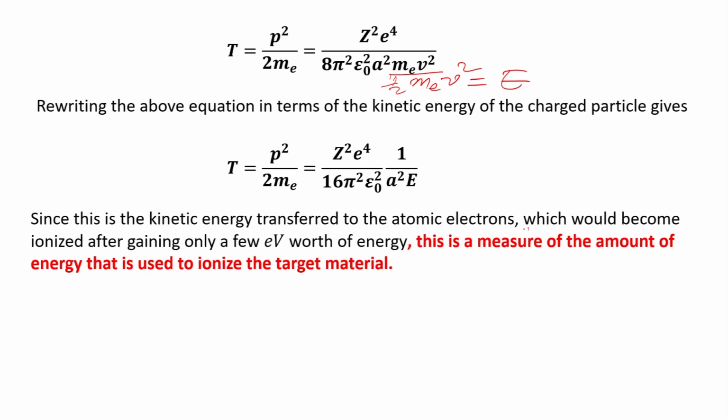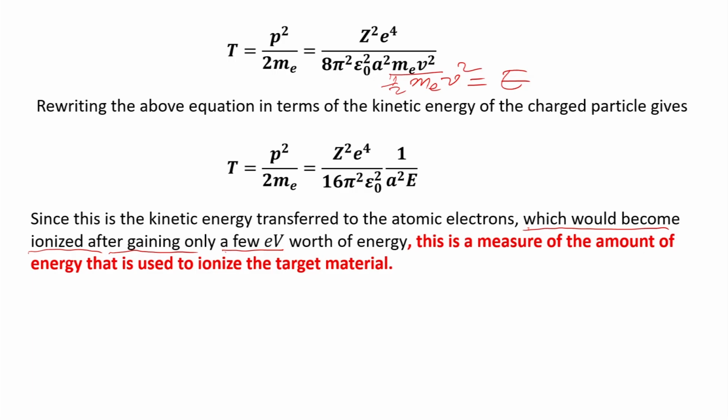Because it has attained the energy, it will become ionized after gaining only a few electron volts. This is the electron volt which is required to excite or to throw away the outermost electron. What does it mean? This means that it has become ionized because of this.